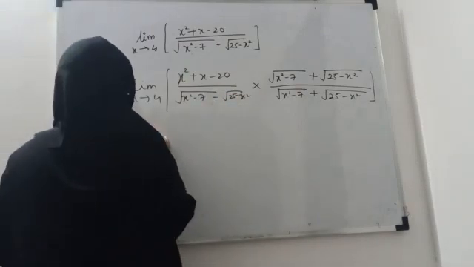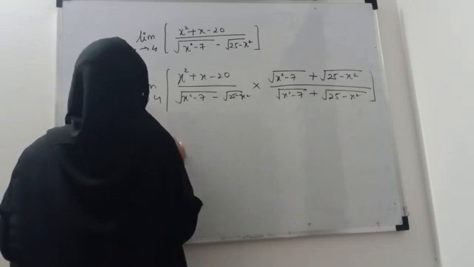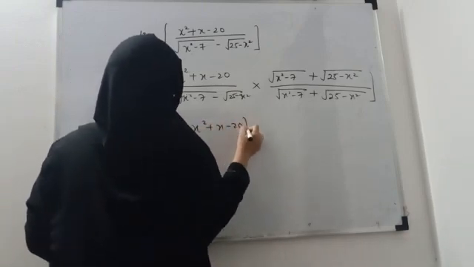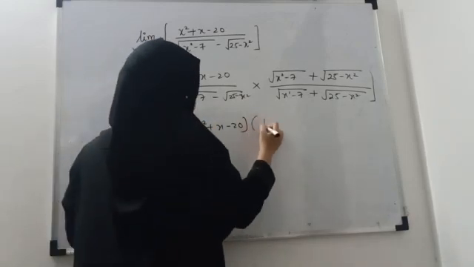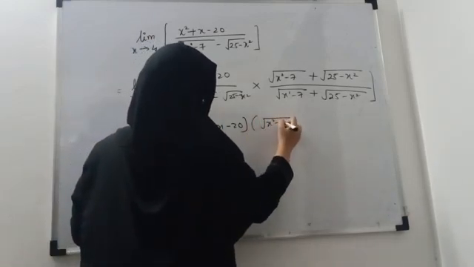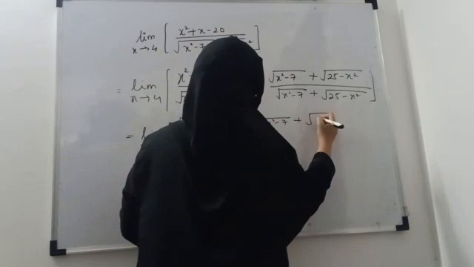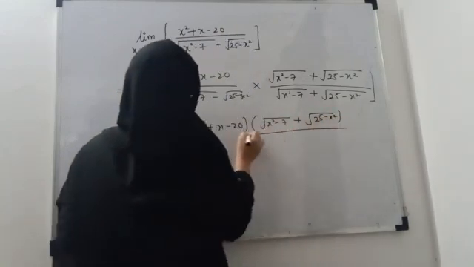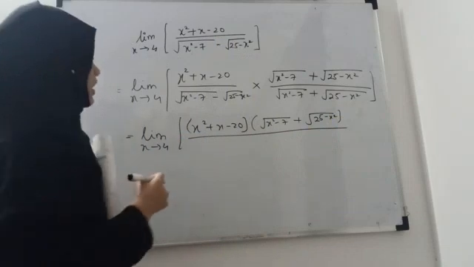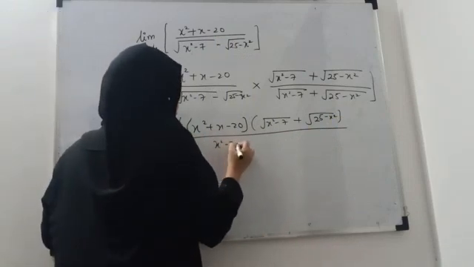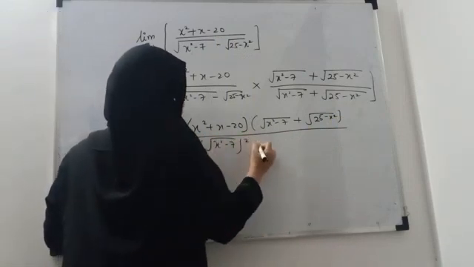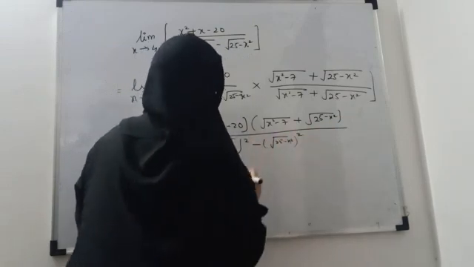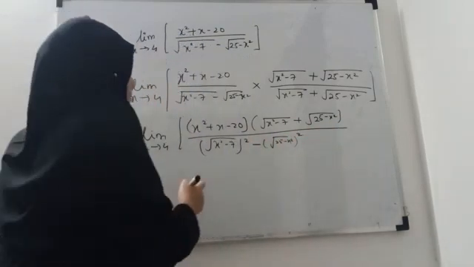In the numerator, the term will remain as it is. In the denominator, we get x square minus 7 whole square minus 25 minus x square whole square.